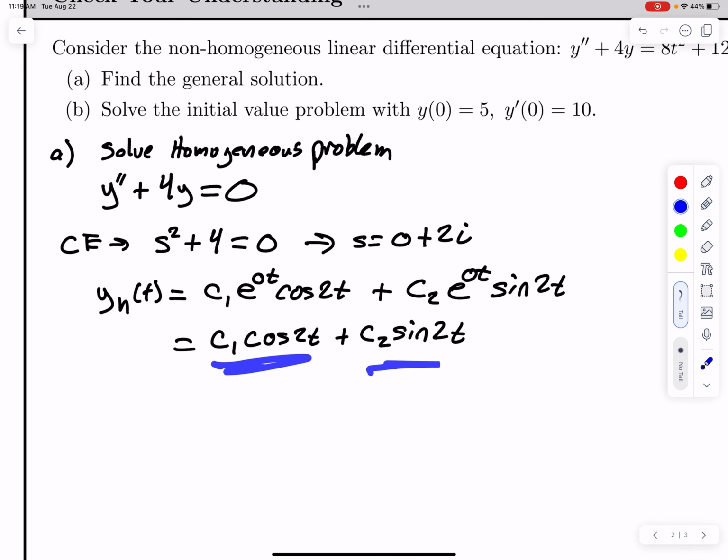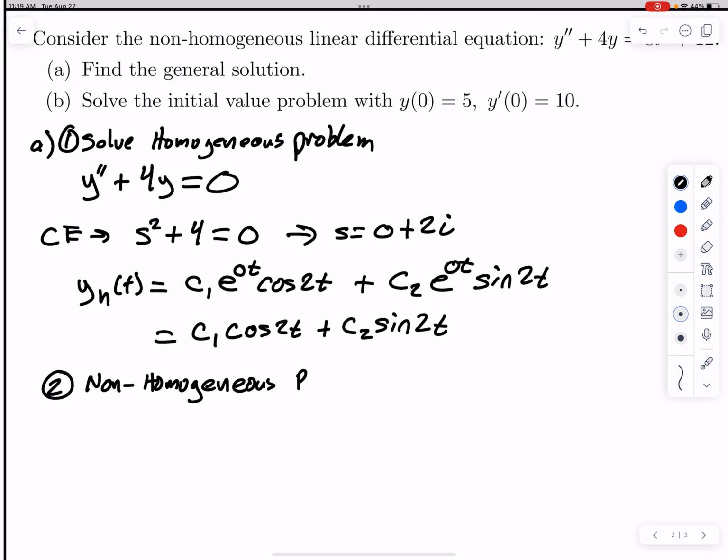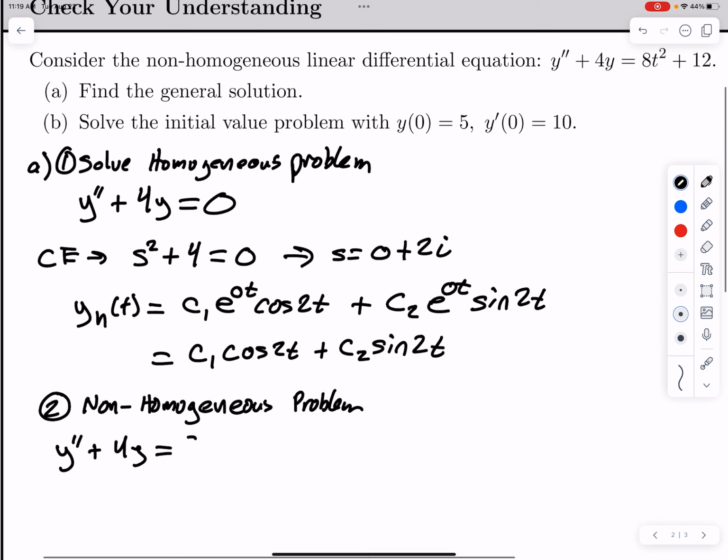So now I've got myself set up with a homogeneous solution. That's part 1. Part 2, I'm going to solve the non-homogeneous problem, and I just need any solution. Any particular solution will do. The non-homogeneous problem is y double prime plus 4y equals 8t squared plus 12.